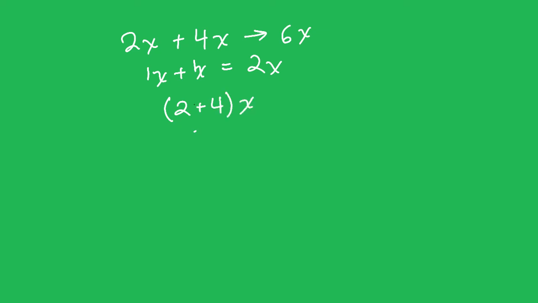If we want to multiply this out, it would be 2x plus 4x, distributing the x over the sum. Or, by the order of operations, we add inside parentheses first: 2 plus 4 equals 6, times x. So you can see how we got the 6x. That's how we can combine like terms to simplify expressions.